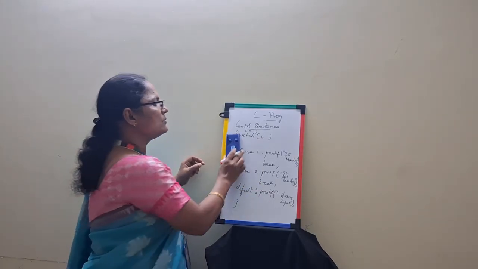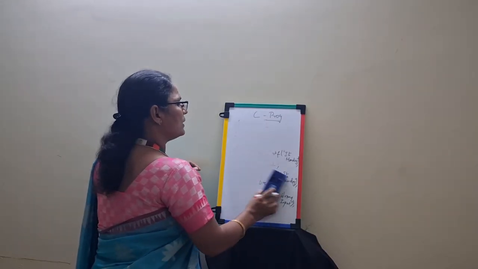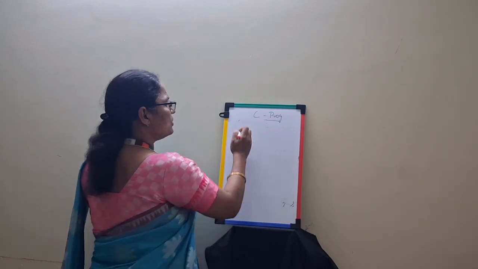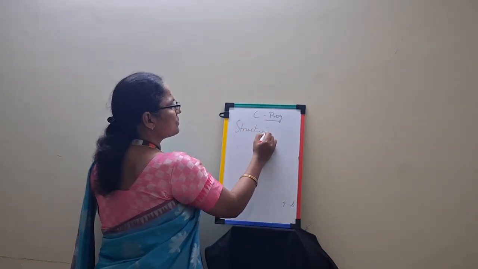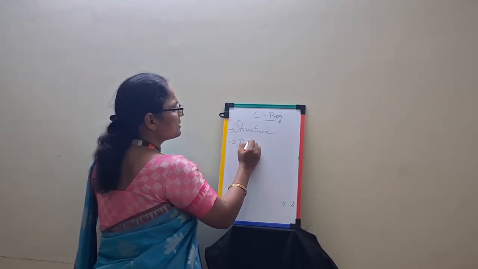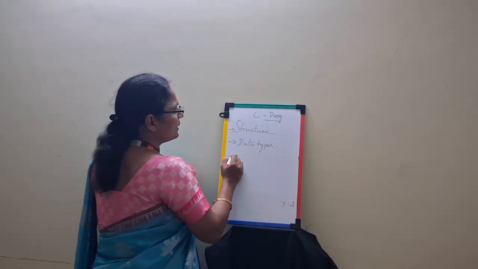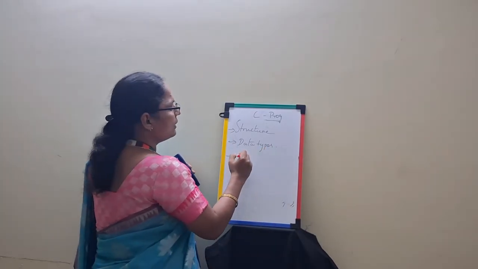So what are the things we have seen in today's lecture? Initially we saw what a C program is, what the structure of C is, then we saw the data types. We have taken four different data types: int, float, character and double.